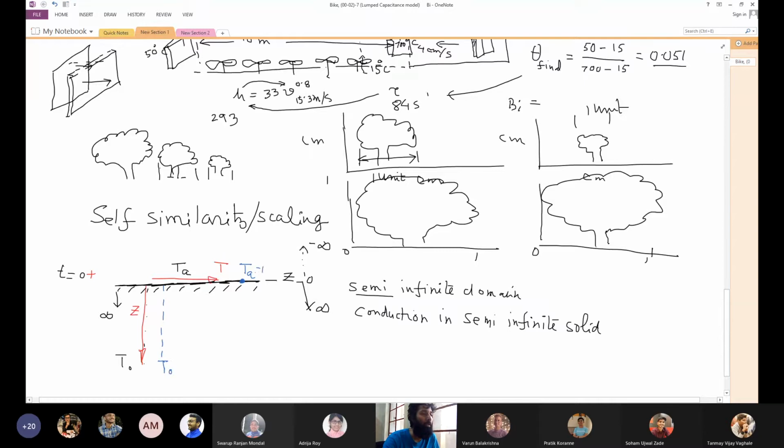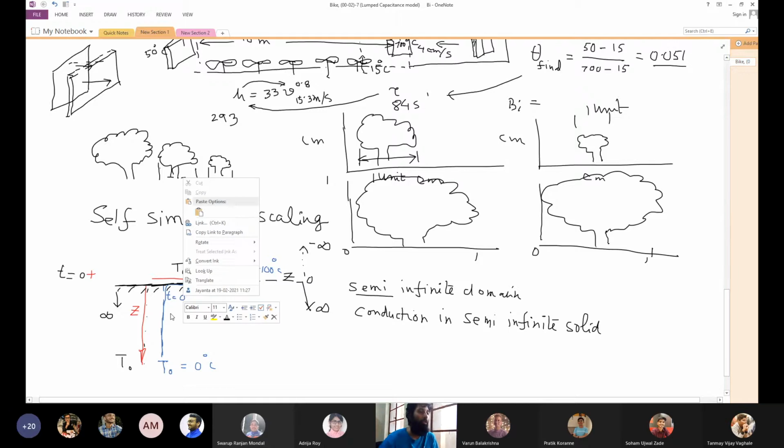Say TA is 100 degrees centigrade and T0 is 0 degrees centigrade. The other part needs some time for heat to diffuse and conduct here. So at t equals 0, it's like a step function. This is the temperature profile at t equals 0.